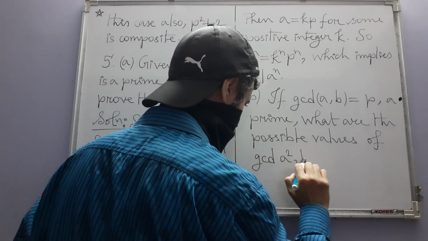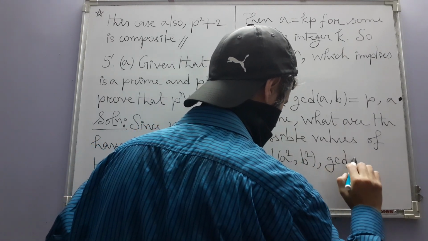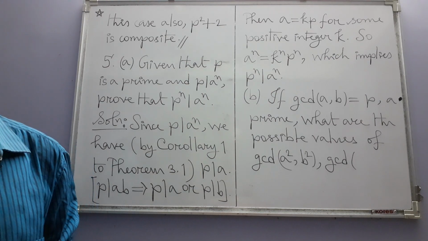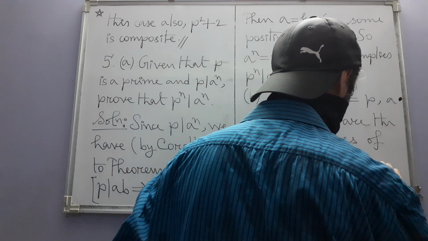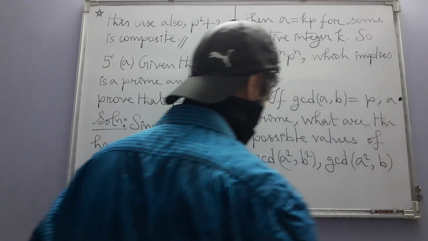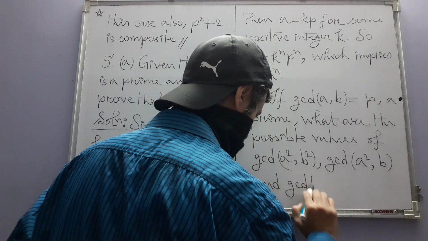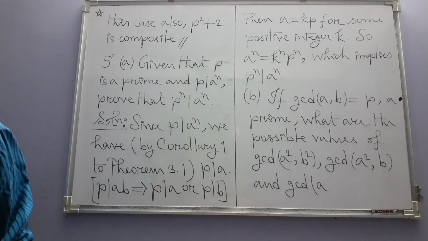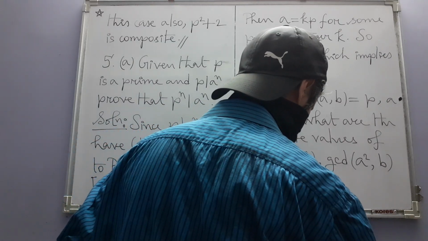GCD of a square and b square, GCD of a square and b, and GCD of a cube and b square.